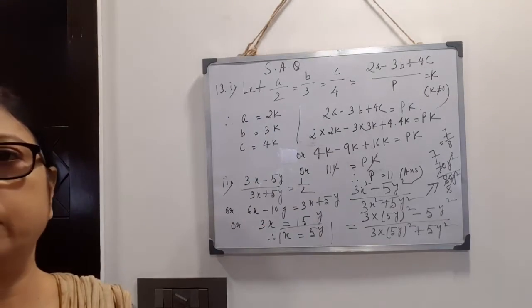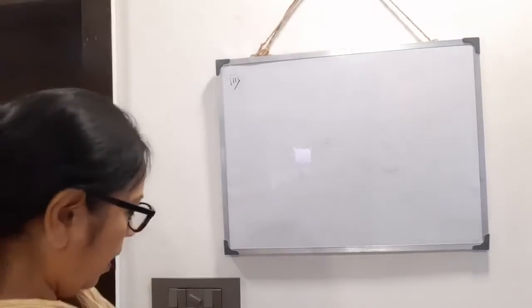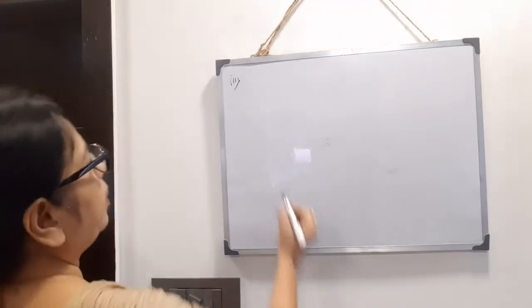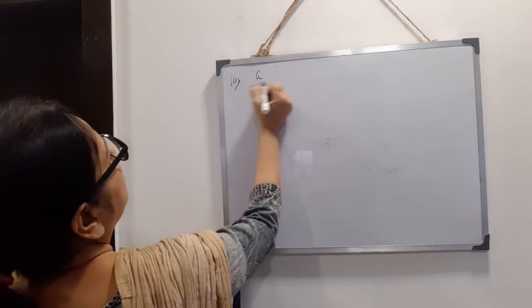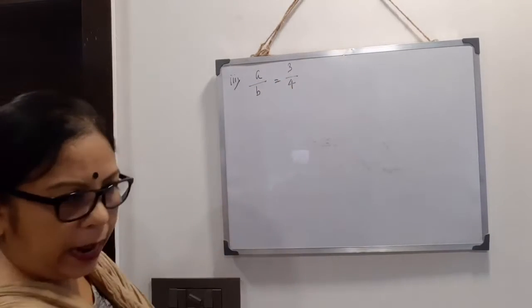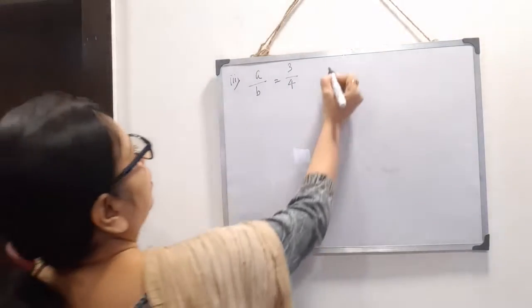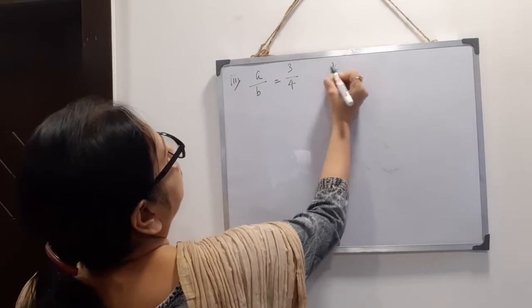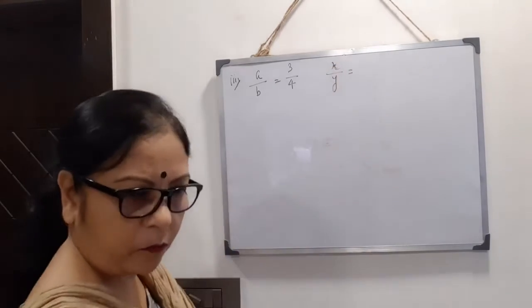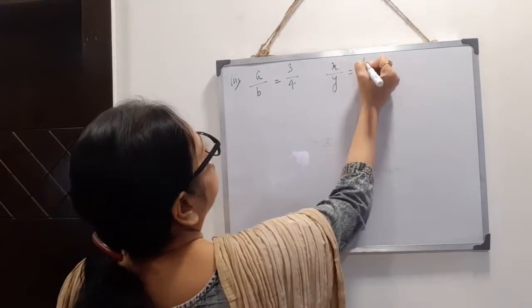Now follow the next sum. Now see number 3. It is given that a is to b equals 3 is to 4. That means a by b equals 3 by 4 given, and another one given x by y equals 5 by 7.